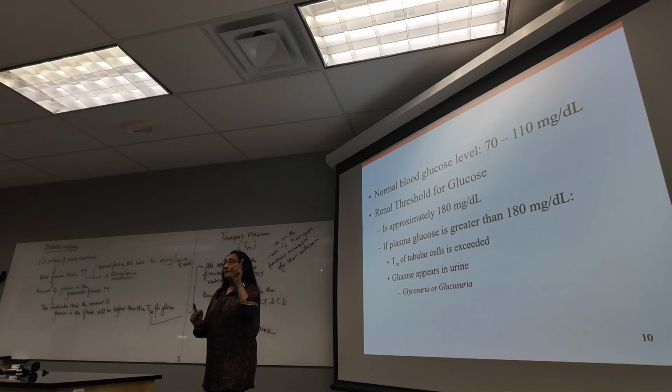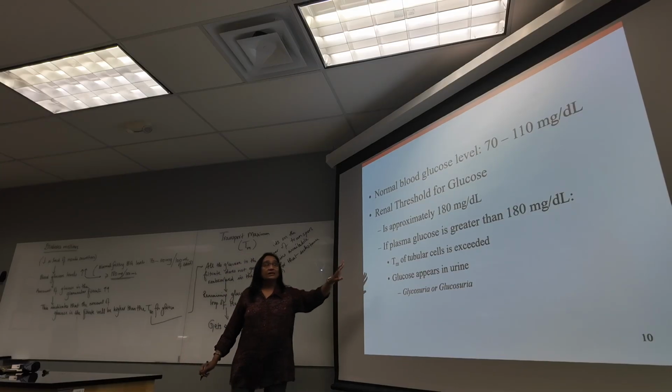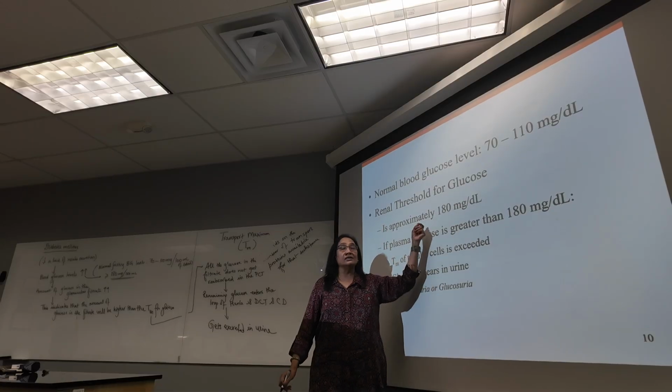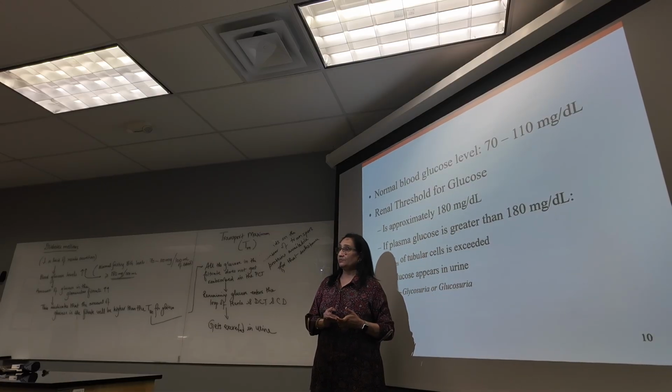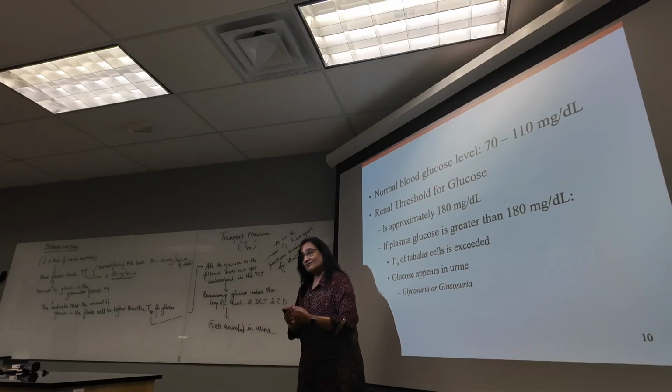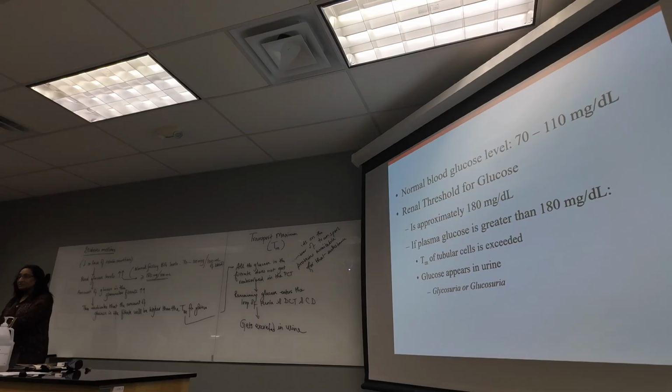But if you find glucose in urine, that doesn't mean the nephron is damaged. It means that the amount of glucose in the filtrate is higher than the transport maximum. Do you understand the difference in the reason for both? Do you have a question? This is something to understand why you see glucose in urine in a diabetic person.